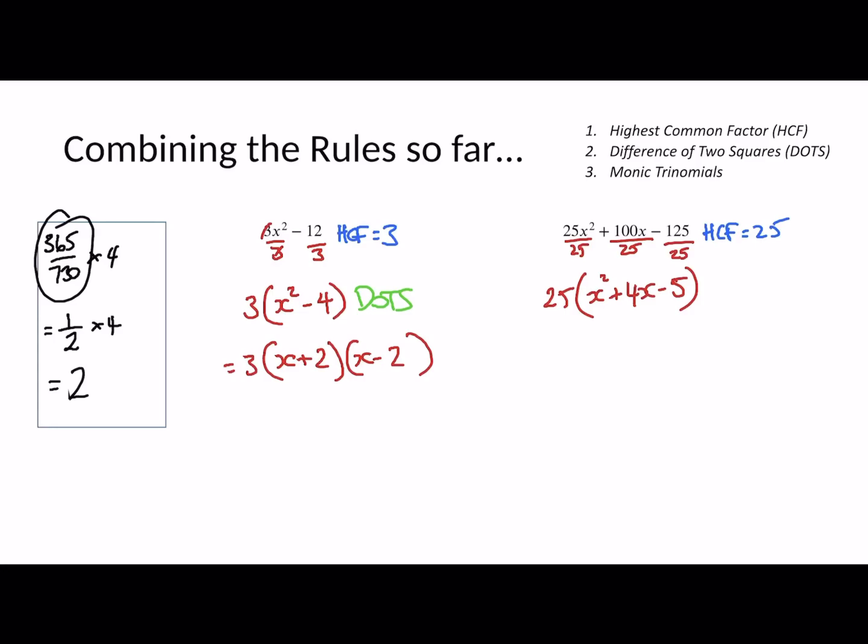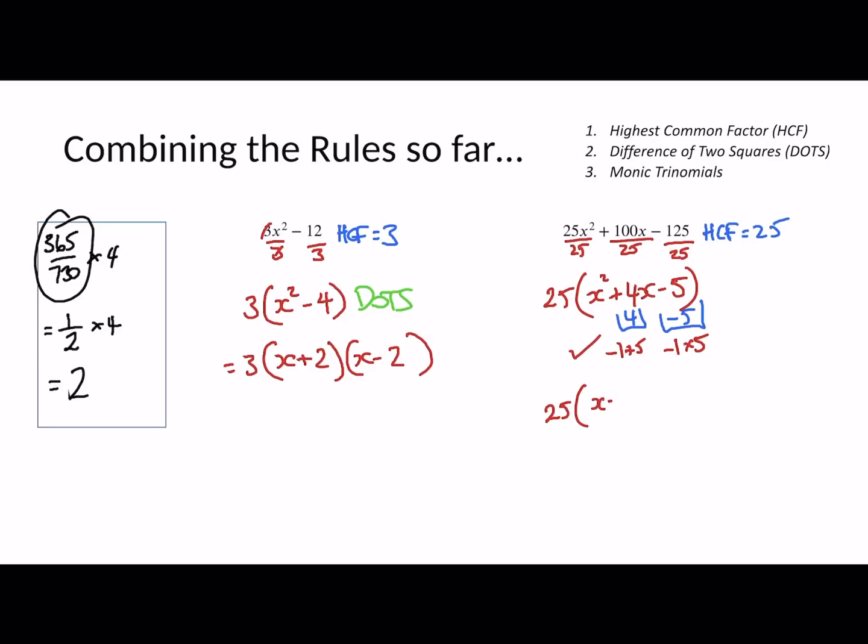All right, factors of negative 5 that add to positive 4. So now it's a negative 5, so one's going to be positive, one's going to be negative. Let's try negative 1 times 5, correct. Negative 1 plus 5, that's 4. Awesome. Now that 25 is still out the front, so we'll leave that in front of the brackets. What are our two brackets we're going to write?